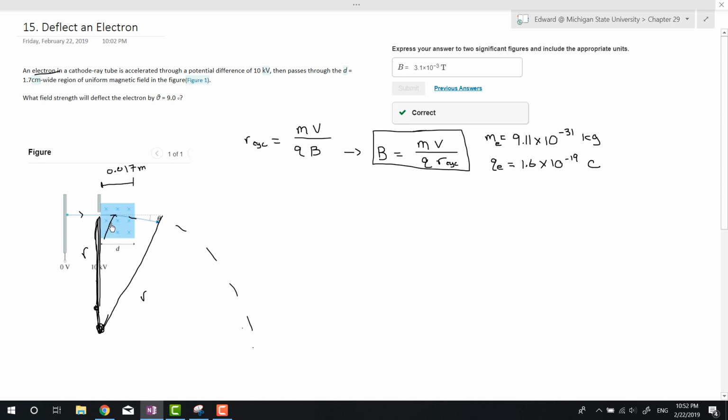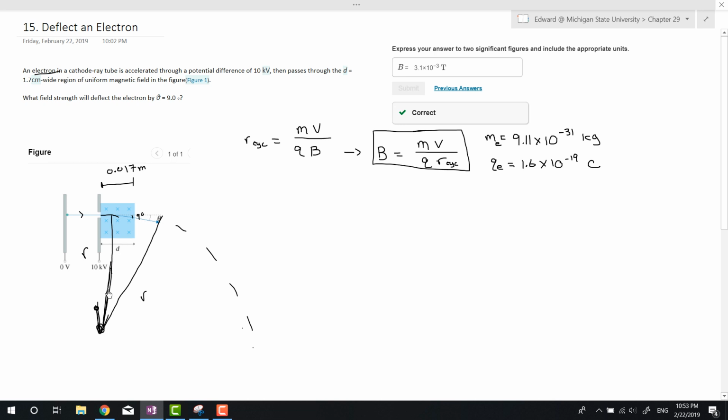So if we know that this is 9 degrees, we can go ahead and find this angle. This picture is a little bit weird, but think about it like this: if this line wasn't here, that was right there, and this line is tangential to it, and that's 9 degrees.